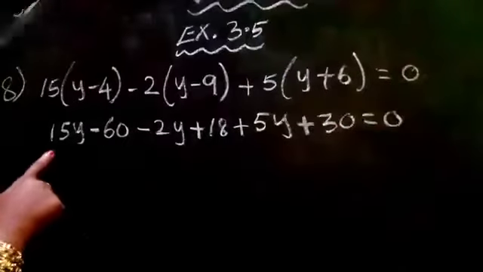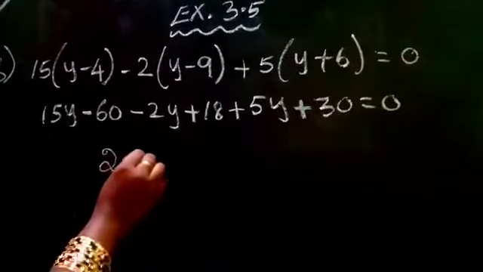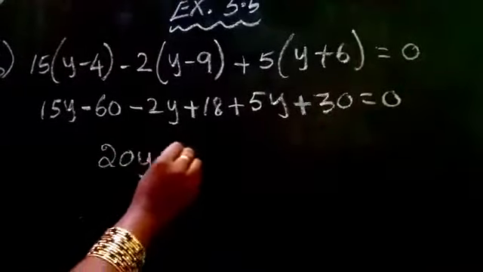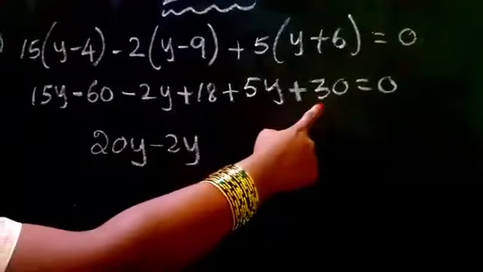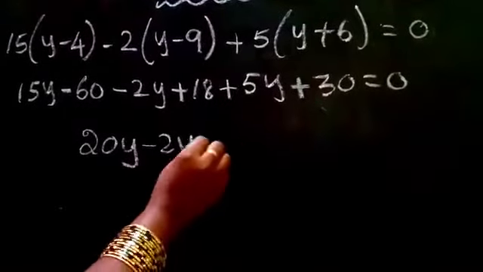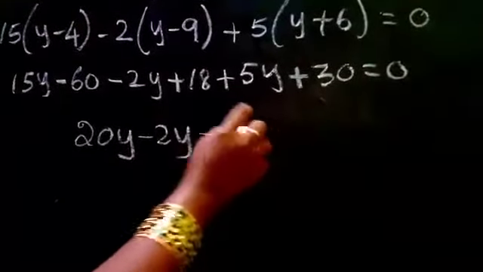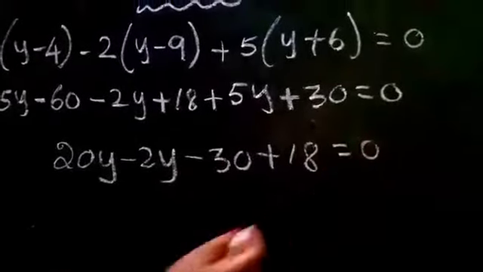Now we will count all. 15y plus 5y is 20y, minus 2y is 18y. Then minus 60 plus 30, minus 30. Here we have plus 18 equal to 0.